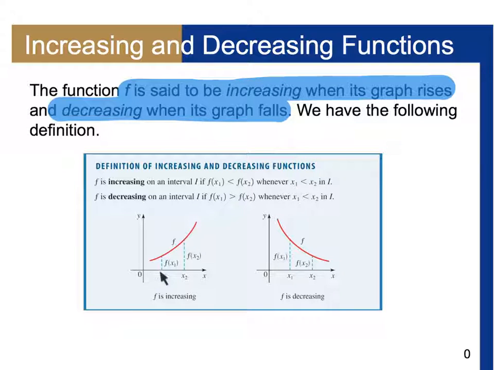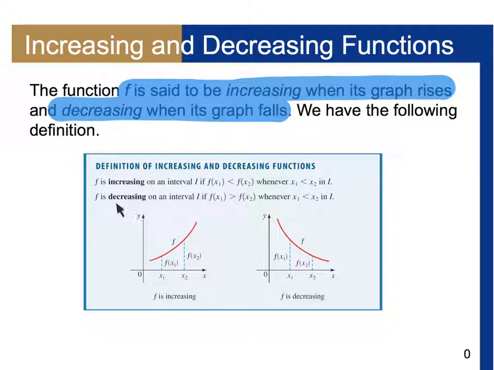Okay, so the y value here at x1 is going to be smaller than the y value here at x2. Okay, so basically we're saying as the x's increase, so do the y's as we go left to right for x's. You know, that's what x is increasing means, we're going left to right. Okay, so as we're going left to right, we're going up. And that's true. As we go left to right, the function is going up.